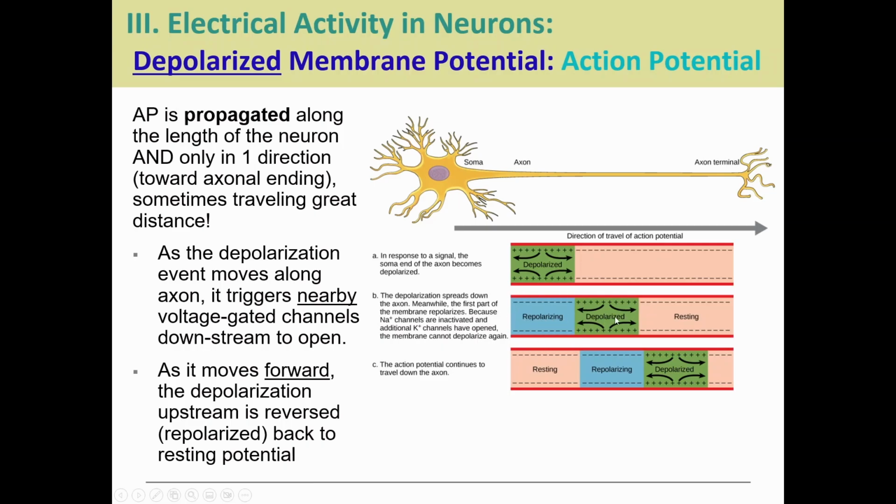The depolarization can only move this way. We can't skip back over and get to the resting areas down the line. This depolarized region is constantly being followed by a repolarizing region as it travels down the axon. So it's a one-way movement down the axon from the soma, from the cell body, down towards the axon terminal.